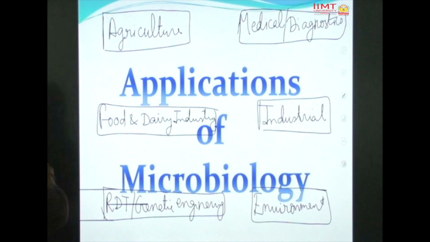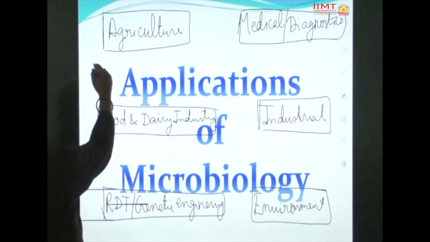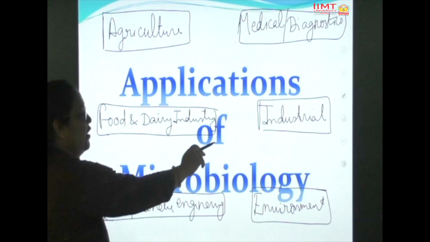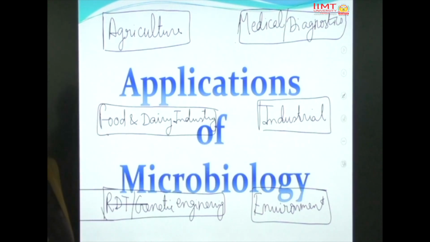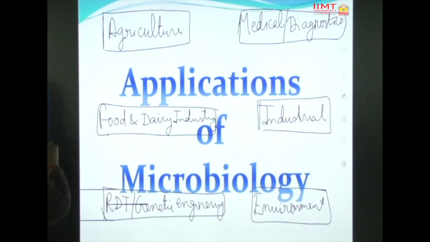So these are the different areas wherein microbiology finds its application: in agriculture, in medical, in food and dairy industries, in industrial, with various types of industrial application, in rDT and genetic engineering, and in environmental. So these are all the branches of microbiology where microorganisms can be utilized. We will take these specific branches one by one.